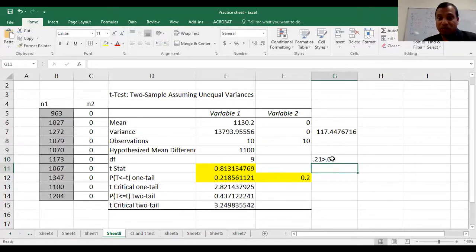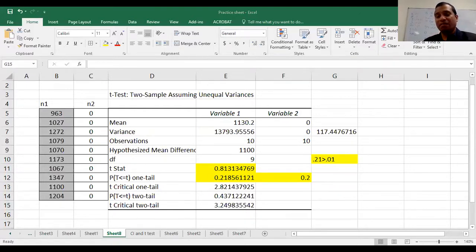That means you need to take the final call that you should not reject the null hypothesis. So Excel does provide the similar steps, the way we did it manually. You see the Excel output. The same thing we got there. The P value is 0.219, the t statistic value we got is the same 0.813, and DF.